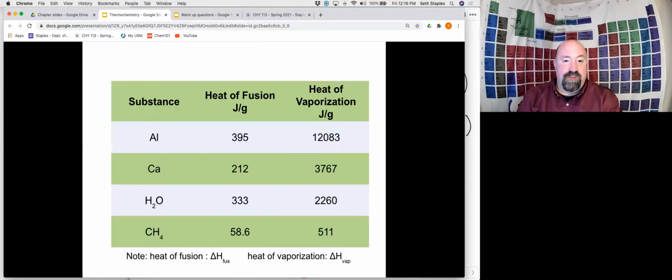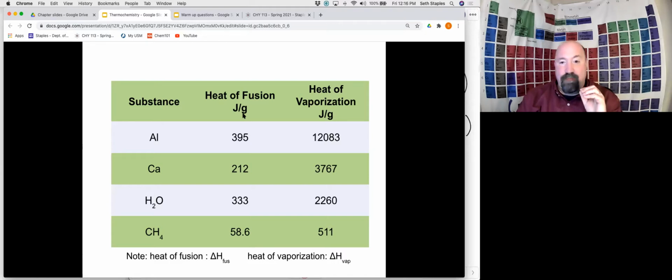Here's just a table with some typical heats of fusion and heats of vaporization. We can see here, for instance, that for water, it's going to take 333 joules for every gram of water that I have in order to convert it over into the liquid phase.